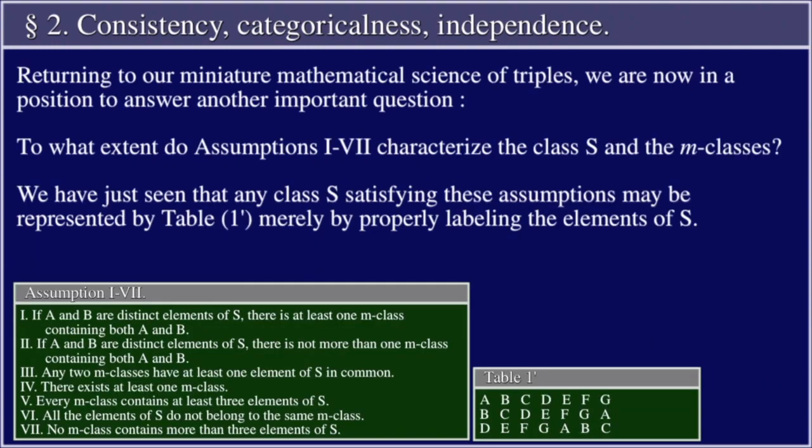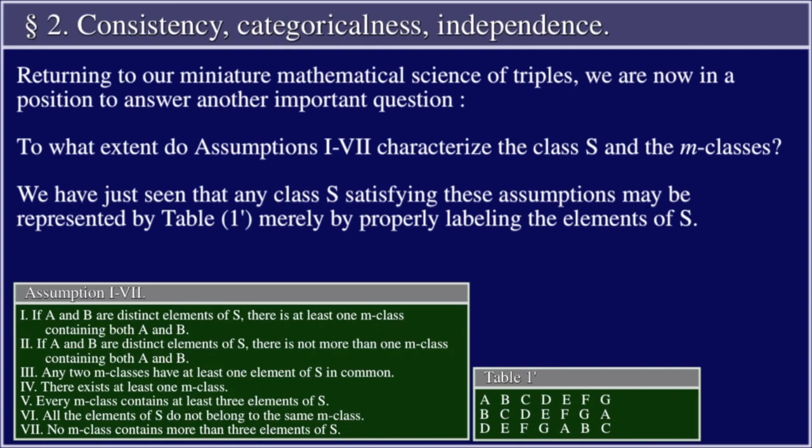Returning to our miniature mathematical science of triples, we are now in a position to answer another important question. To what extent do assumptions 1 through 7 characterize the class S and the M classes?